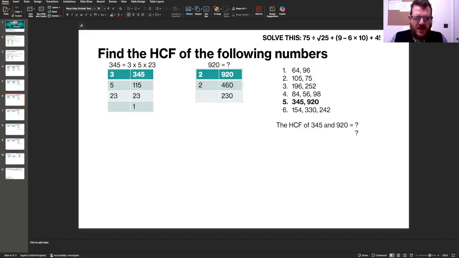But this one's going to be quite an easy one, because you've got another 2 into that, which then gives you 115. But then what you've got left over after that, there's your 5, which then gives you 23. And then that's just that, because 23 again is a prime number.